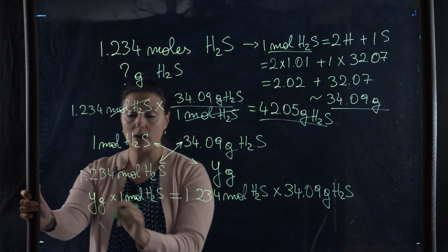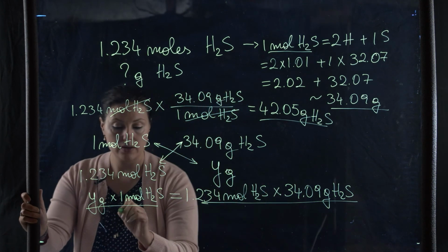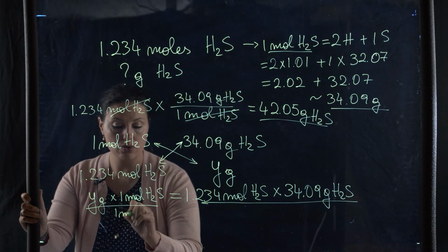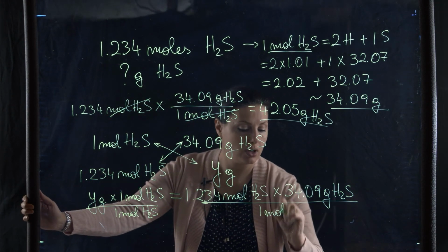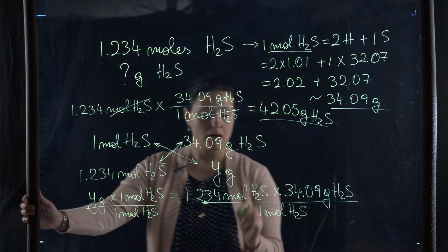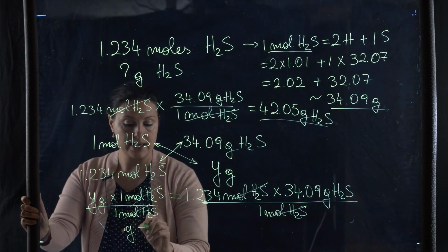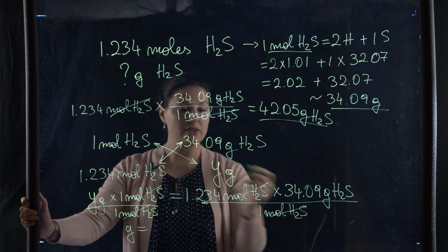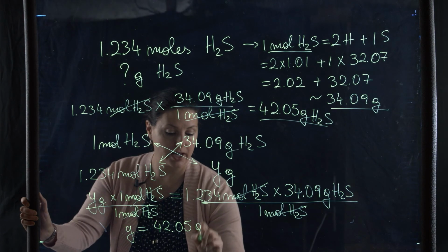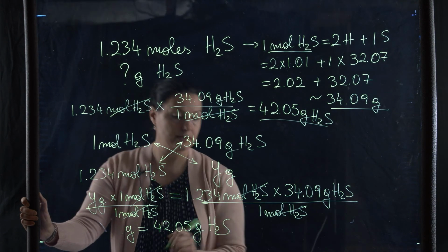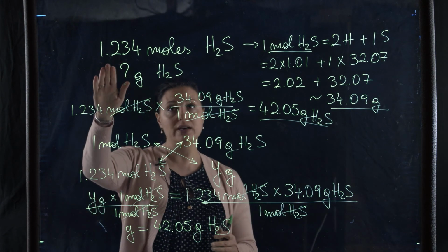To isolate Y, I divide both sides by 1 mole of H2S. My moles of H2S will cancel. Then Y is equal to the product of this, which is 42.05 grams of H2S.